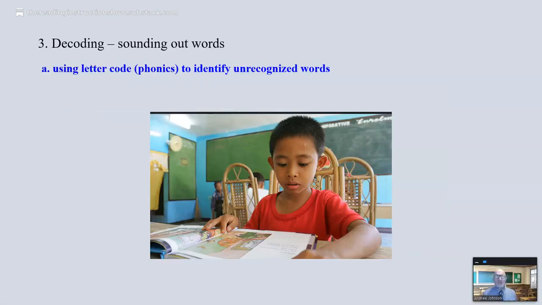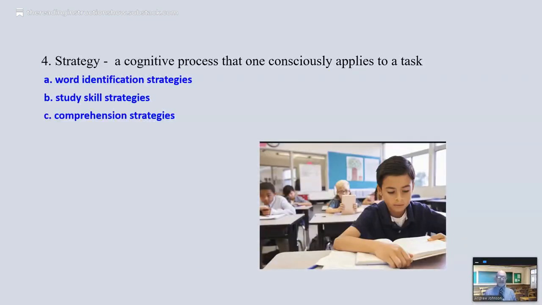Decoding is sounding out words, using the letter code, phonics, to identify unrecognized words. And again, word identification, word recognition, and decoding. Technically, they are different. Now, a strategy is a cognitive process that you have to consciously apply.